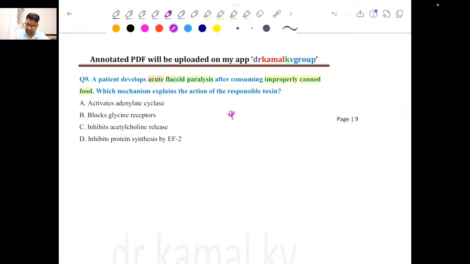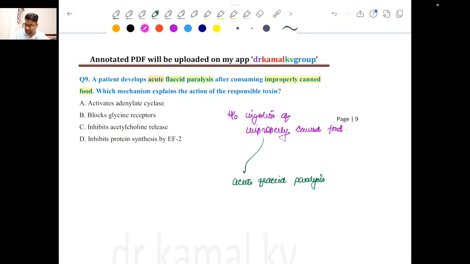So there is a history of ingestion of improperly canned food, and after that the patient has acute flaccid paralysis. So I think most of you can make the diagnosis. This is a classical case of botulism, right?